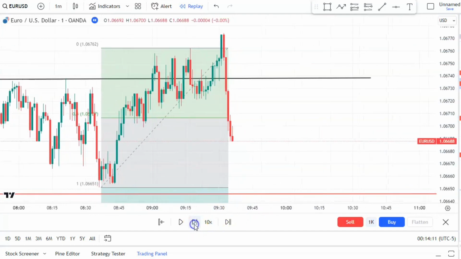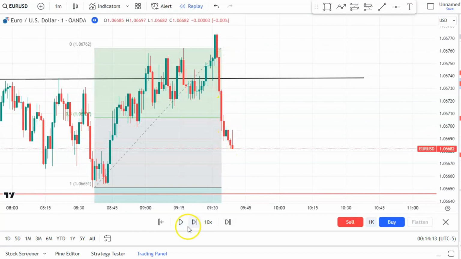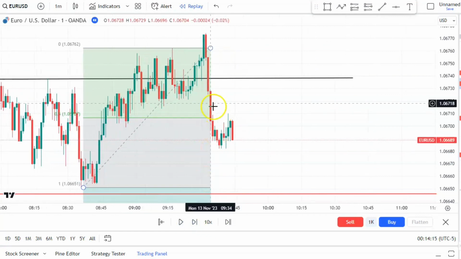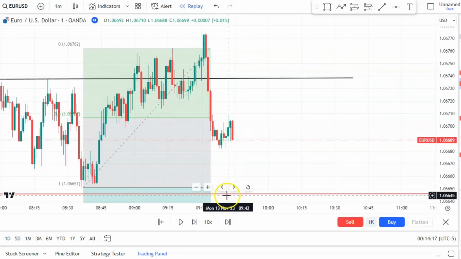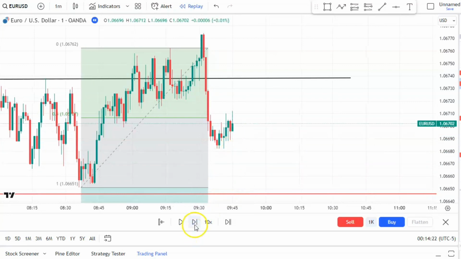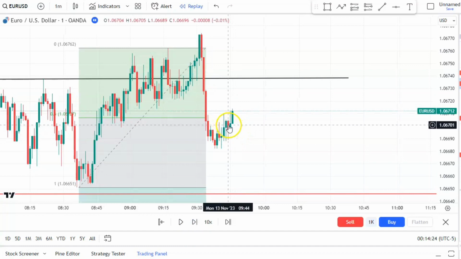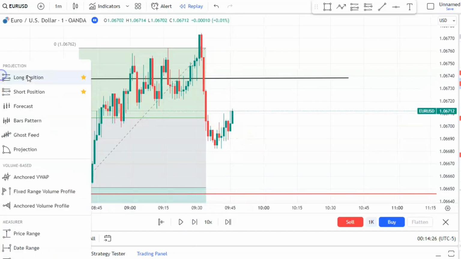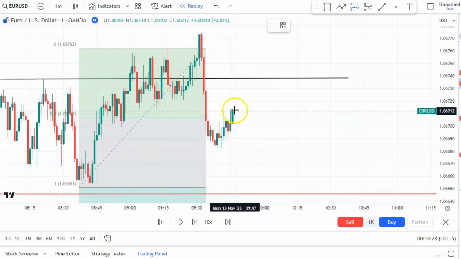So after 9:30, price comes back to this level and gives us a nice W pattern, then with a pin. So actually I got in, yes, after this candle. After this candle, this is where I got in.